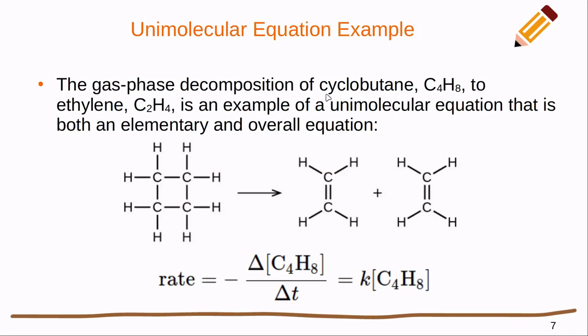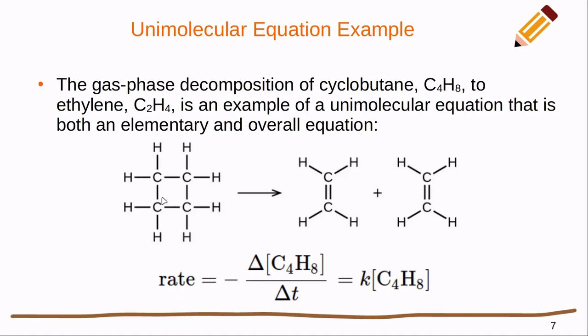Here we have the gas phase decomposition of cyclobutane to produce 2 ethylenes. This is a unimolecular reaction, and it is both the overall reaction for it and an elementary equation. Okay, it's both of them. All right, there's only one step, and it only involves one molecule.